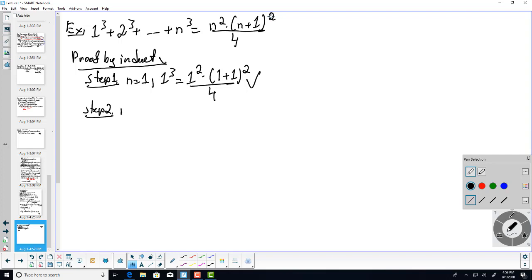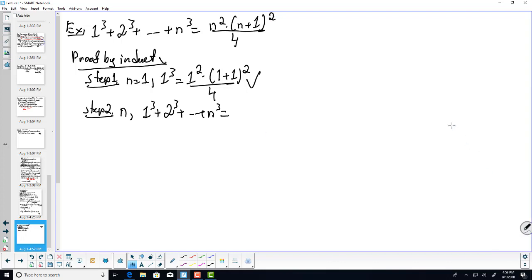Step 2. We suppose it holds for n, and we want to show that this is true for n plus 1.